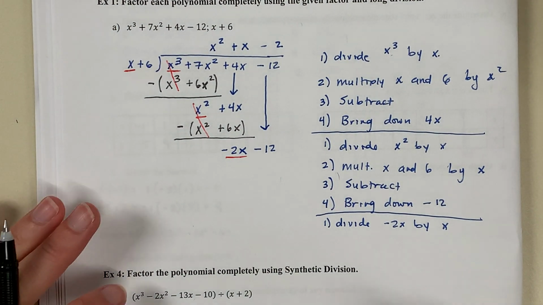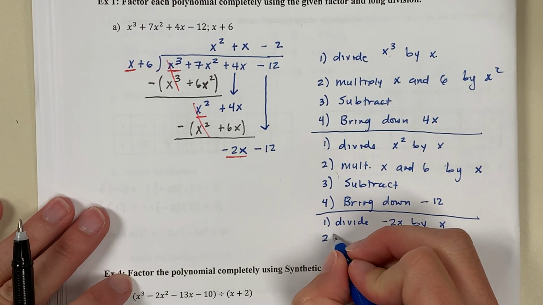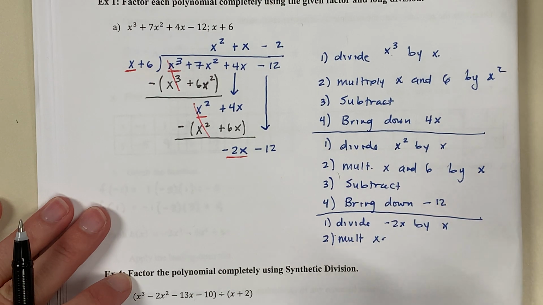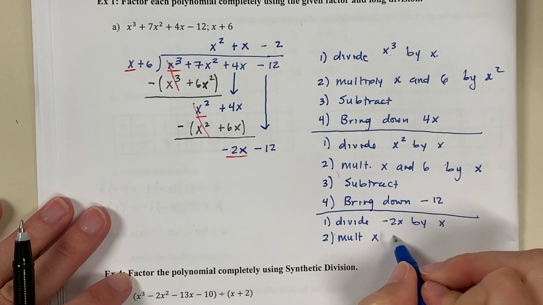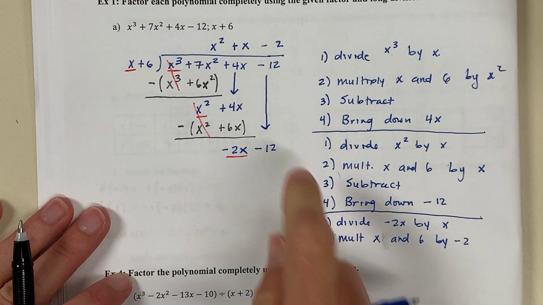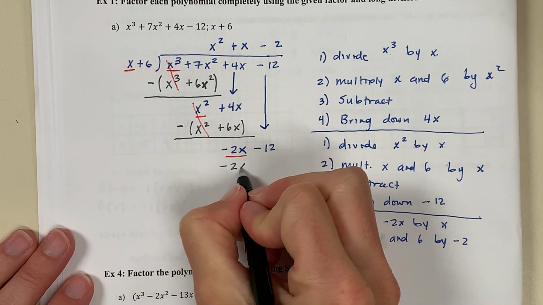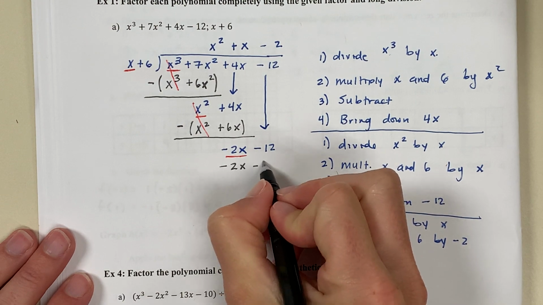Then I'm going to multiply the negative 2 by both the x and the 6. So multiply x and 6 by negative 2. So negative 2 times x is negative 2x. Negative 2 times a positive 6 is negative 12.